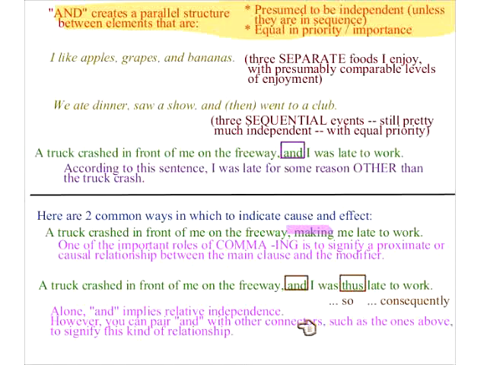Kamna says in the first clause "and" signifies that. I don't think I understand the question that you're asking. I don't think I understand the question, Kamna.